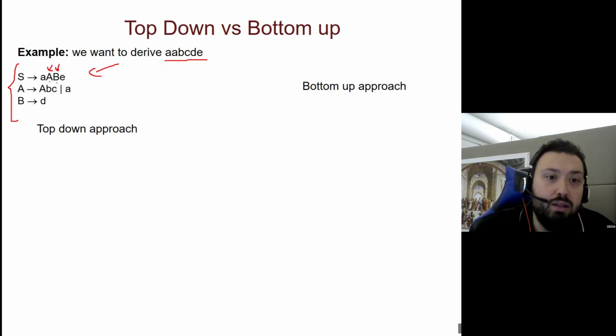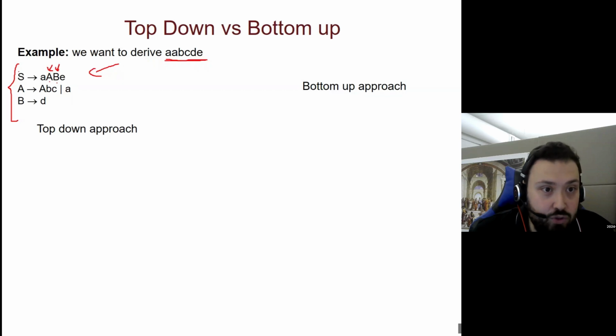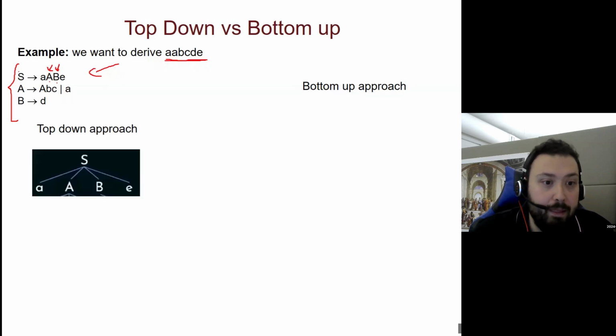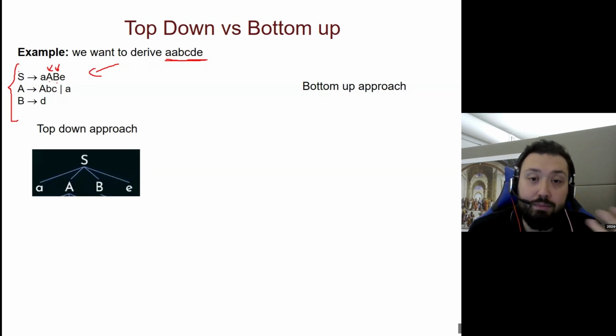If I want to derive this using a top-down approach, I'm going to start with what, guys? I'm going to start with the S, which is going to give me A, B, E. Now, how can I go after that? I have two non-terminals, so I have to expand the non-terminals. My goal is to reach this, which has zero non-terminals in it, only terminals.